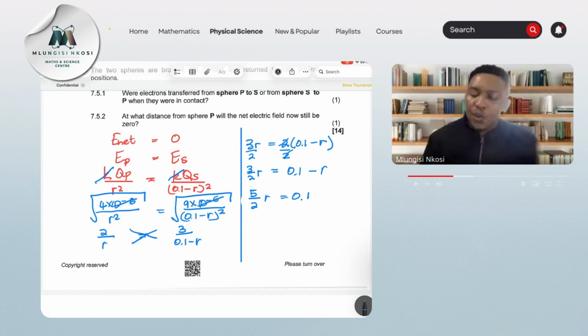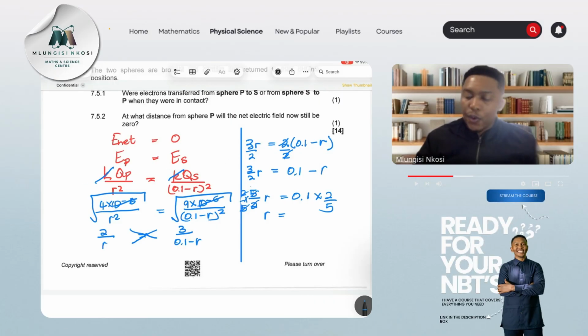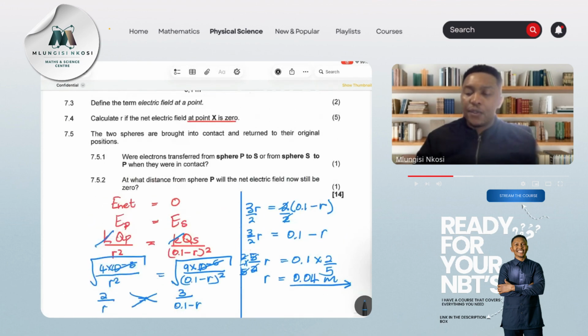And so if I want r, I multiply by 2 over 5 on both sides. And that will be our value for r, which is 0.04 meters. That is the value for r.